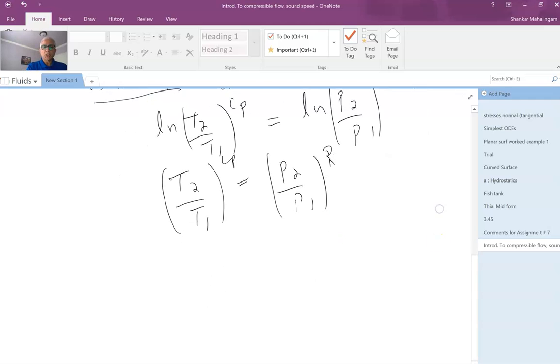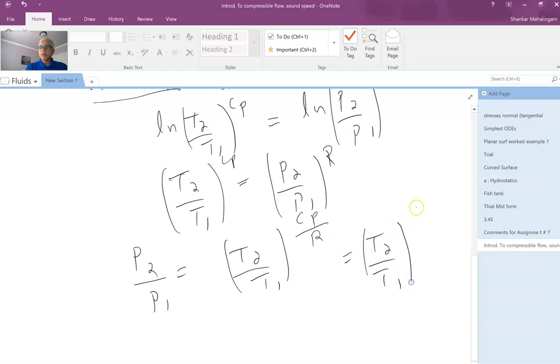From here I can solve for P2 over P1. I move that to the left hand side. P2 over P1 is simply going to be T2 over T1 to the power Cp divided by R. And I can write this as T2 over T1 to the power of Cp over R, and R, if you recall, is simply Cp minus Cv, the difference between the specific heats.